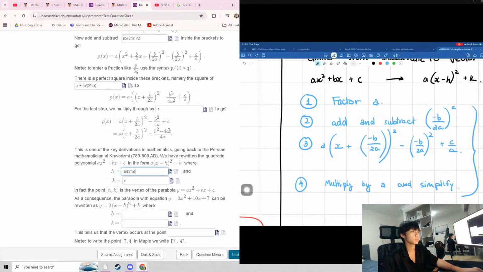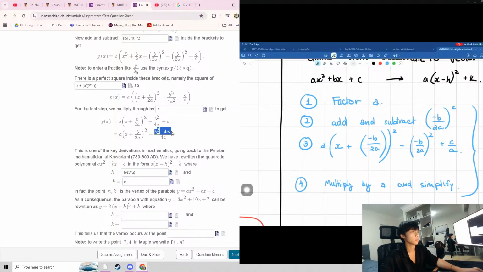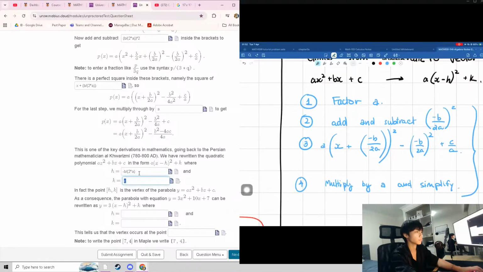And k is that number. I don't even want to write that number, but that's our discriminant over 4a. Let's just do that. b squared minus 4ac.